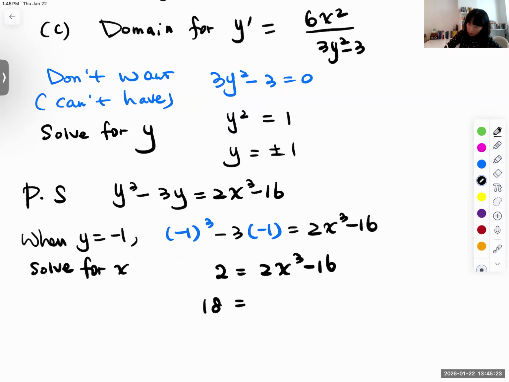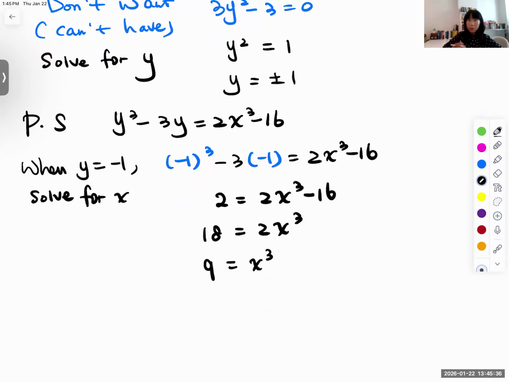So it's a positive 18, 2x to the third power, right? Then divide by 2 both sides. We have 9 equal to x to the third power, right? Okay, now what is x? So cube root both sides. So x will be 2.08.